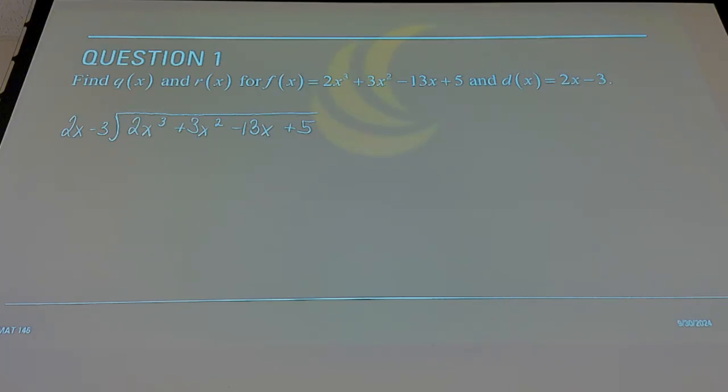Another way, what do you have to multiply the leading term of the divisor by to get the leading term of the dividend? X squared. Now multiply your divisor by that.